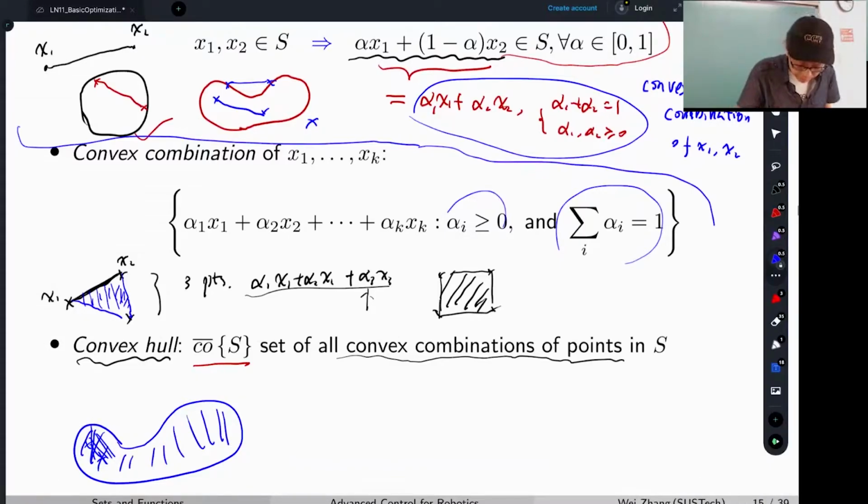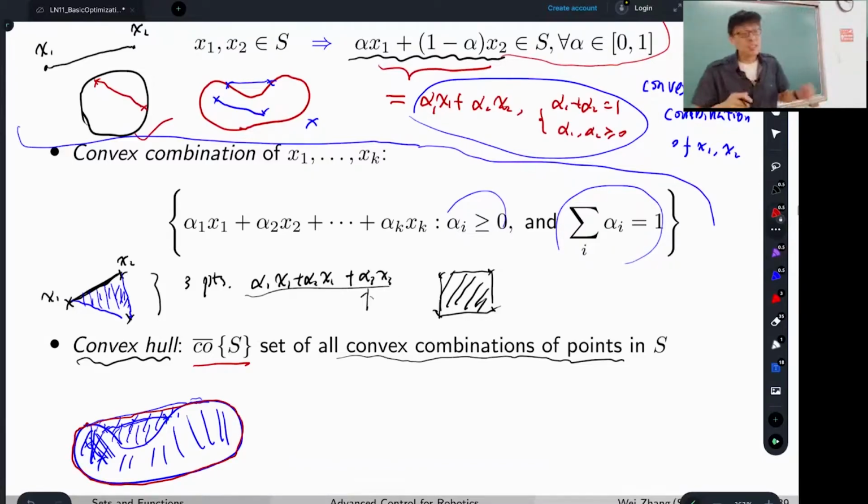If I know these two points, when you draw a line, these are convex combinations of points in S, but not contained in S. It should be contained in the convex hull. So with all these things, eventually you will have this kind of set. It's the smallest convex set that contains the original set. Okay, that's a few terminology.